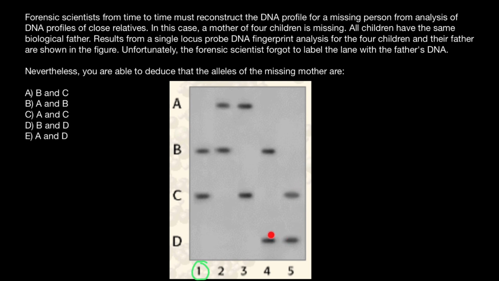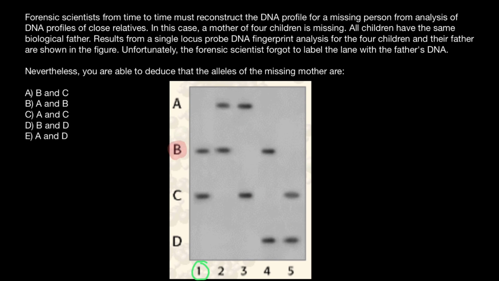With child number 4, he shares one band. With child number 3, he shares one band. But with child number 2, he shares no C, no D allele, because child number 2 has alleles A and B. So now we know for sure that only person number 1 here can be the father of the rest, and all the rest would be his 4 children.